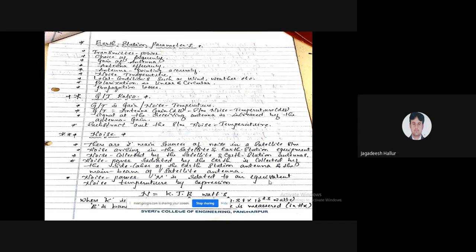And you have studied noise in analog communication also. Noise has different types, internal noise and external noise. There are two sources of noise: the noise arising in the satellite and Earth station equipment, which we always accept is present in the signal, even 0.1%; and the noise collected by satellite and Earth station antennas.